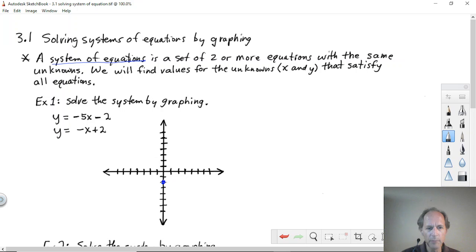So from this point, we can do rise over run of -5. We'll go down 5: 1, 2, 3, 4, 5. So we did a negative rise of 5, and then we'll do a positive run. One of them needs to be negative and one positive, since the slope itself is negative.